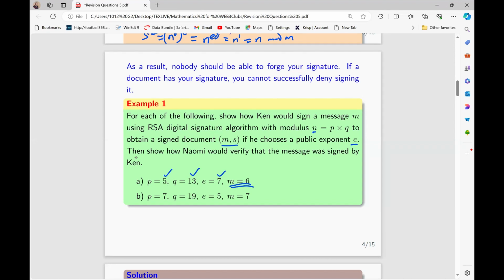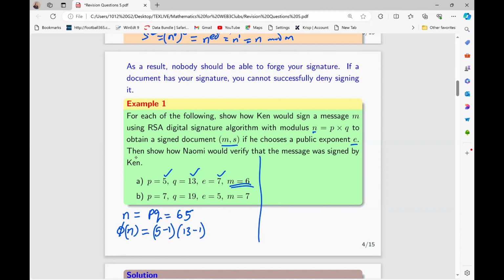So how do we find the signed document? First of all, you find N, the product of these two prime numbers, P times Q, which will be 65. Then find phi of N, which is 5 minus 1 multiplied by 13 minus 1.